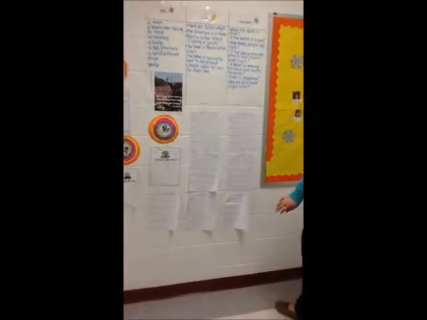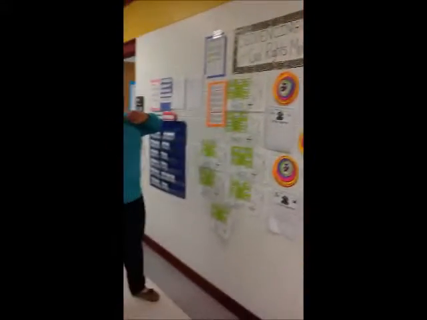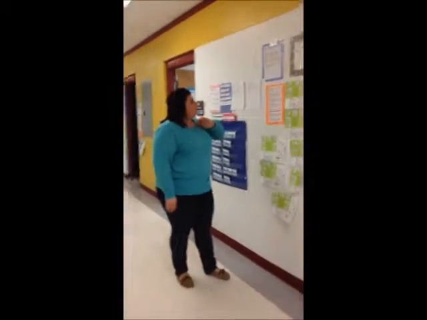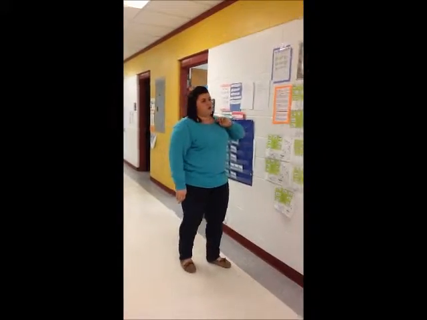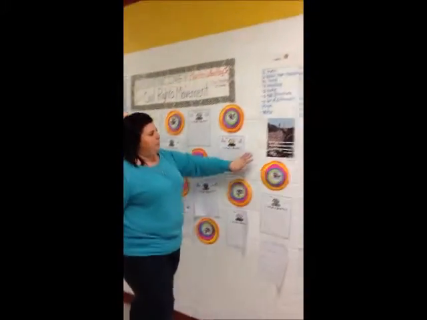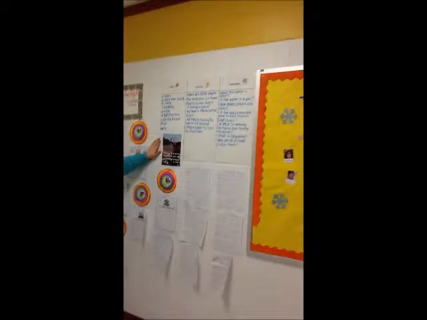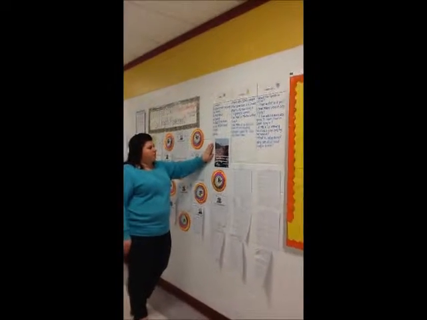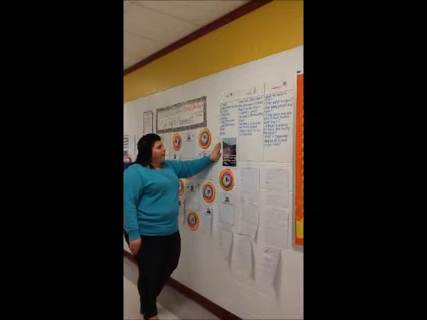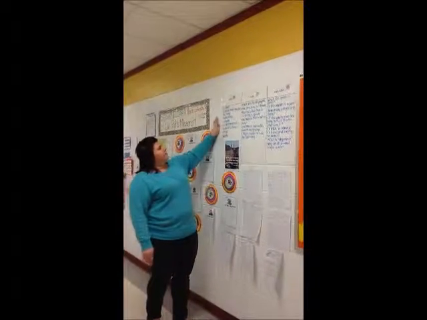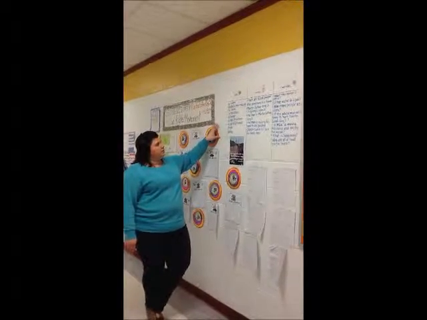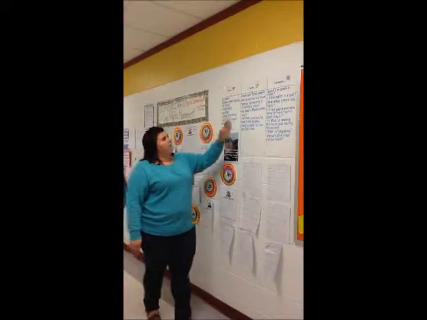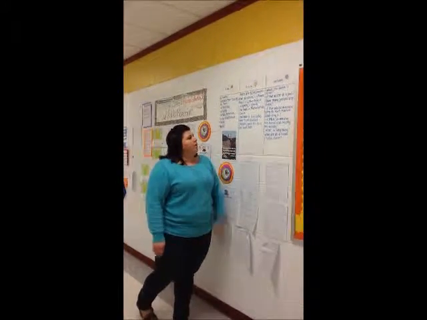The next thing we did was another DOK2, use a Dr. Martin Luther King Jr. poster to draw conclusions using the See, Think, Wonder strategy. I showed them a picture of Dr. King giving his I Have a Dream speech, and they just used the picture and identified things they saw first, and then what they thought and what they wondered about.